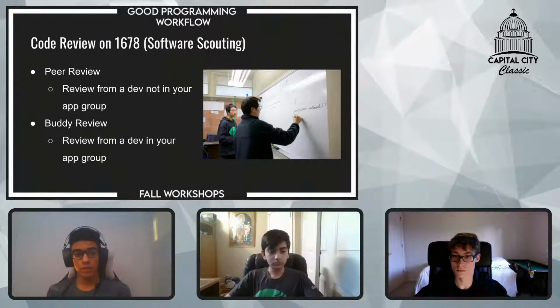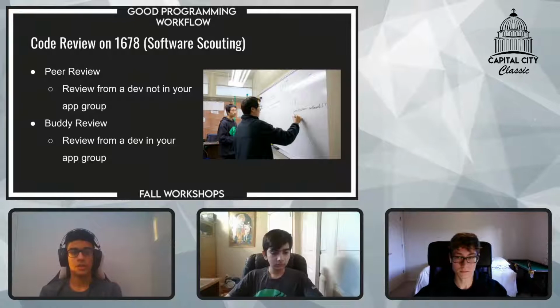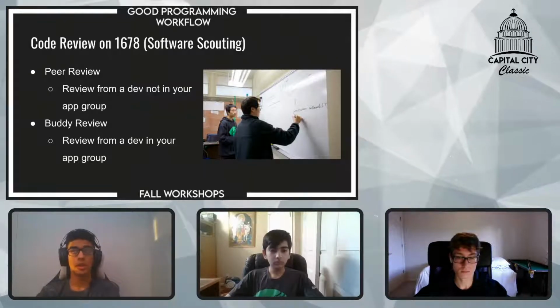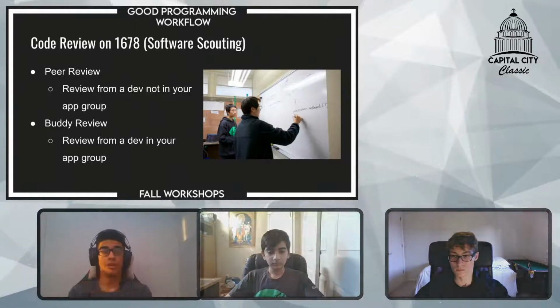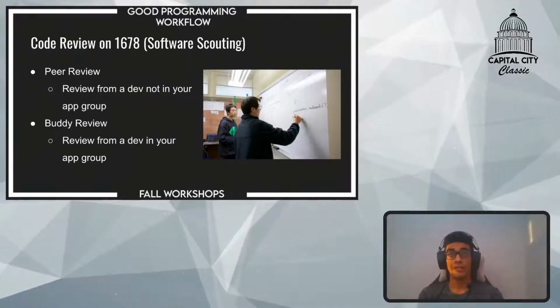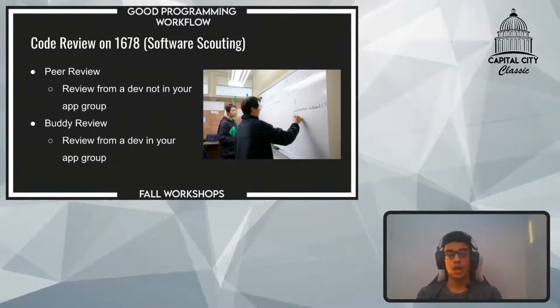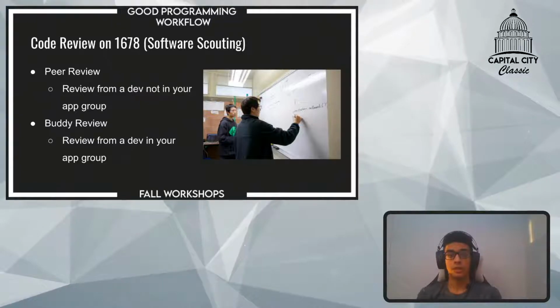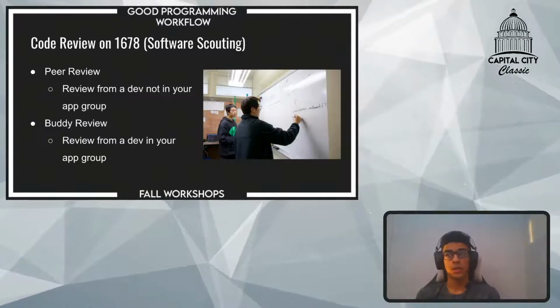Software scouting requires a peer review. They have different app groups because they have a back end, a front end, and a database team. The peer review is there to explain the code.